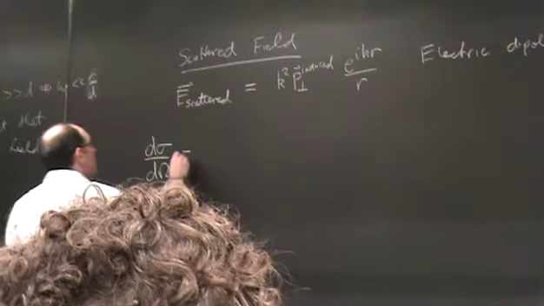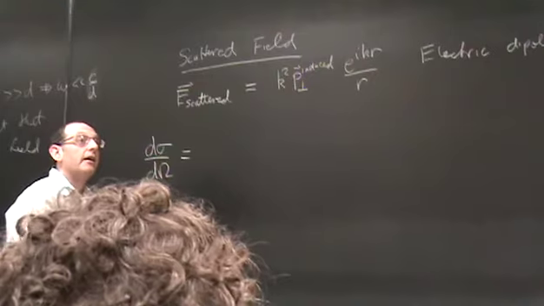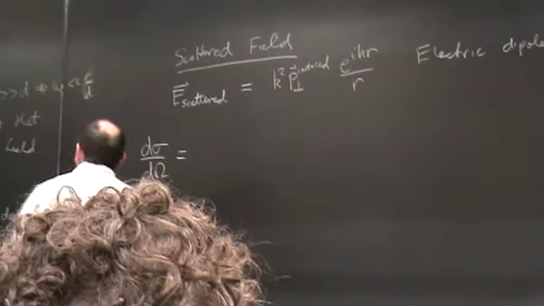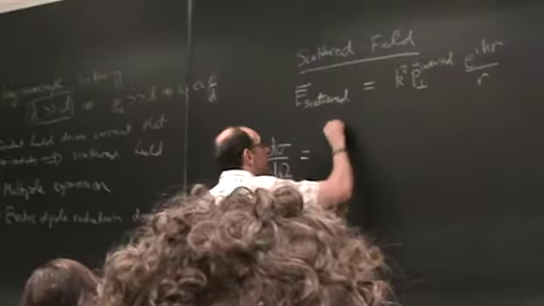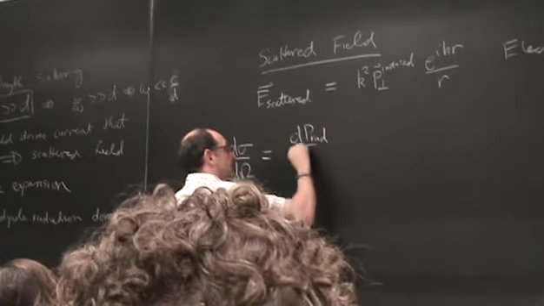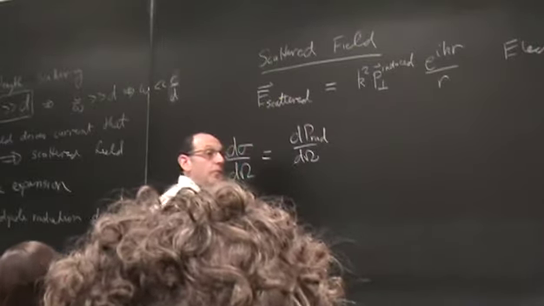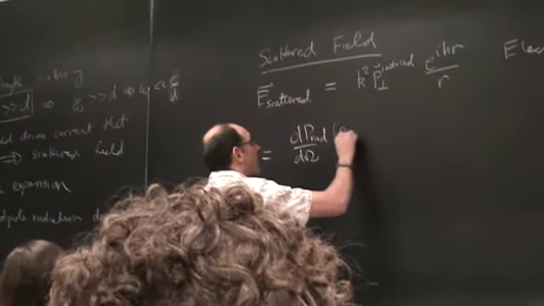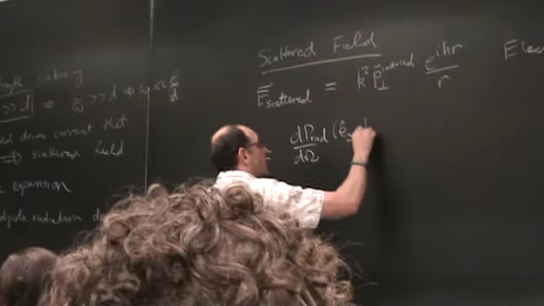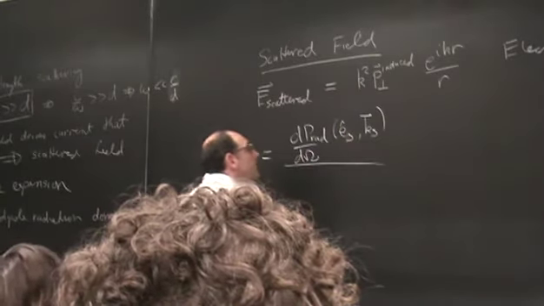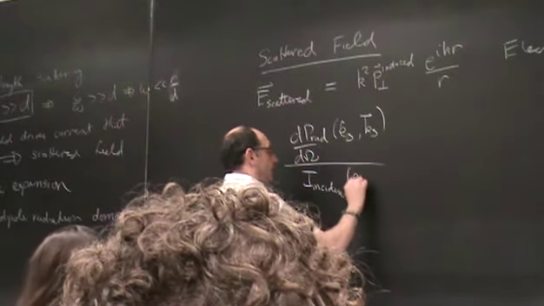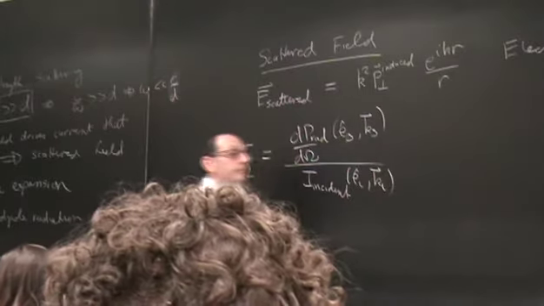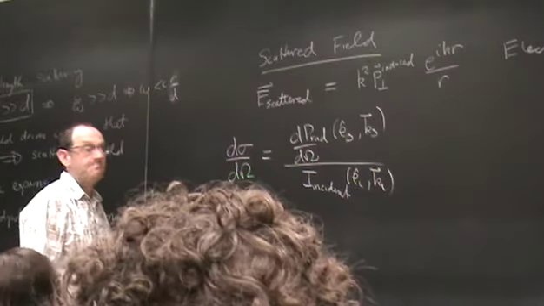Well, we need to know the differential power scattered. Well, that's the power radiated by this induced dipole moment into that direction with that polarization divided by the incident intensity with that polarization and that wave vector. Okay.